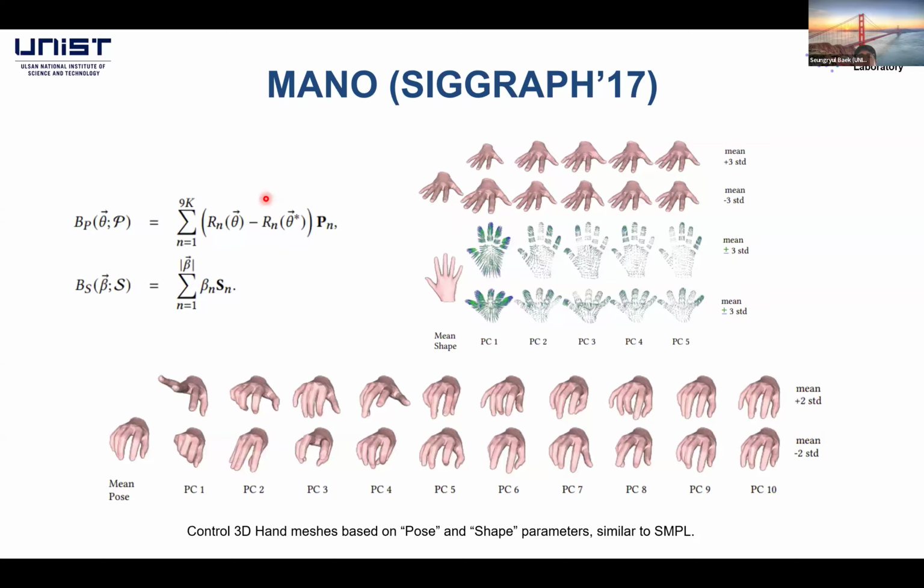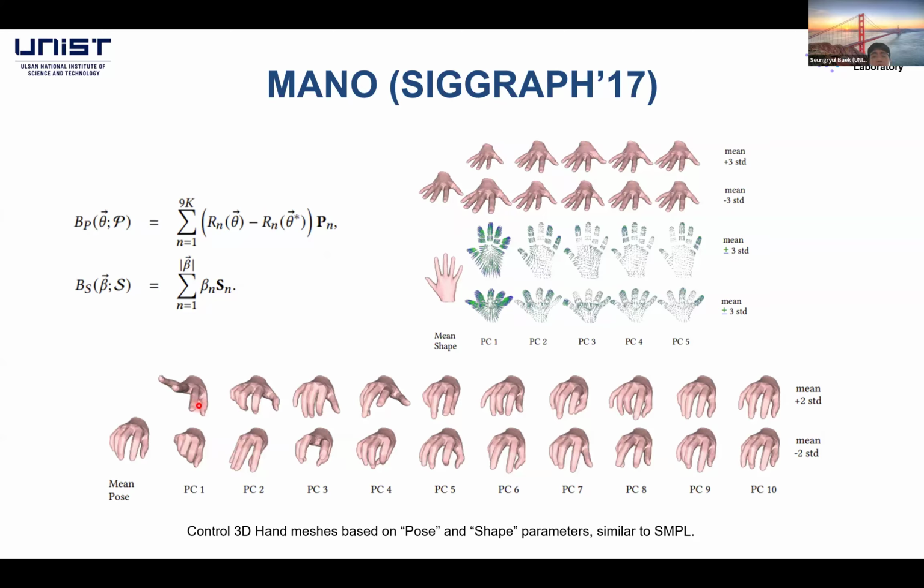I also want to explain this MANO model, but basically because it comes from the same group, they share the same shape blend shapes and pose blend shapes. So their formulation is actually the same. They build mean shapes and mean axes the same as SMPL, but using different data, hand data, to build these blend shapes.